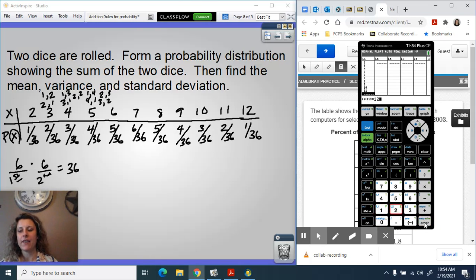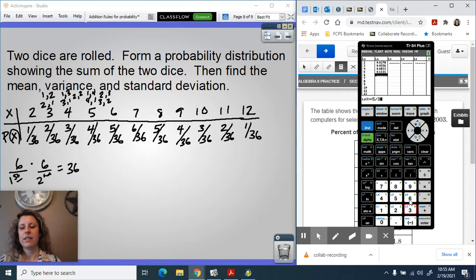Okay, I have my X values entered in list 1. I'm going to go over to list 2 and enter those probabilities. So 1 divided by 36, 2 divided by 36. I'm going to do that for each of those probabilities. So this will take me just a second.